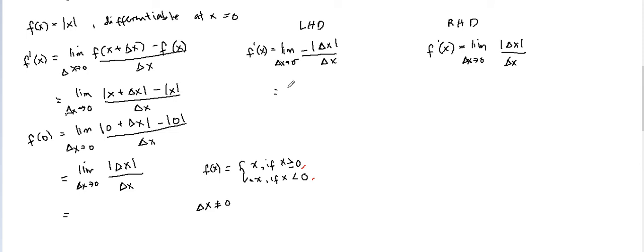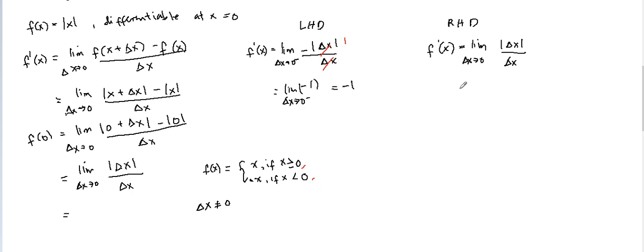Okay, so pwede nating sabihin na delta x divided by delta x is 1. Diba? And since meron tayong negative, we have the limit of negative 1 as delta x approaches to 0 from the left, which is equal to negative 1.